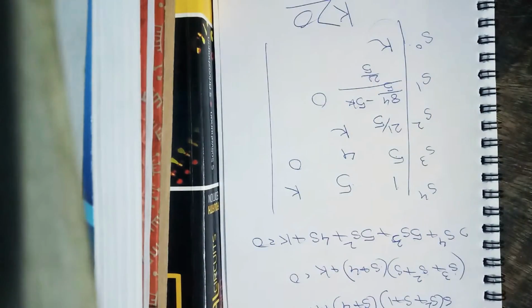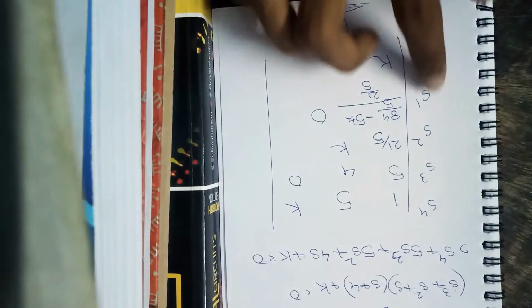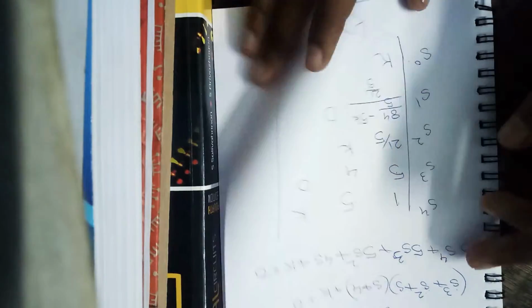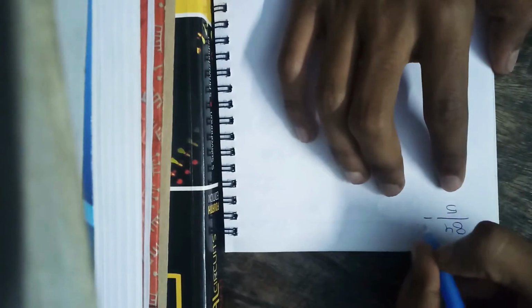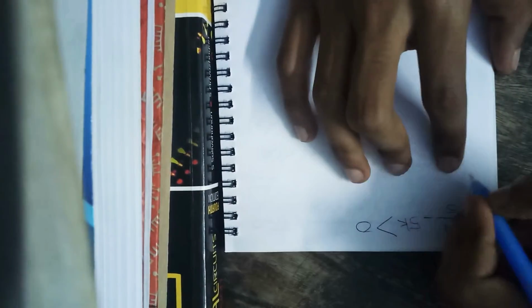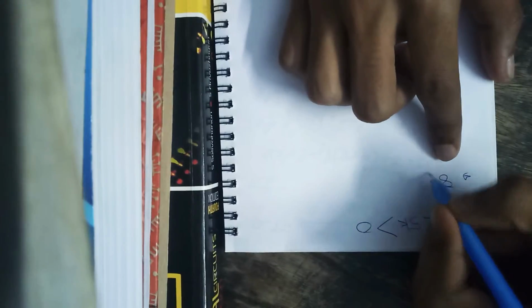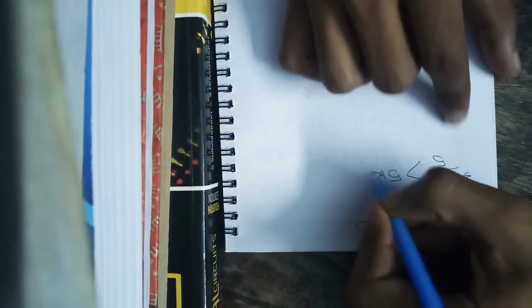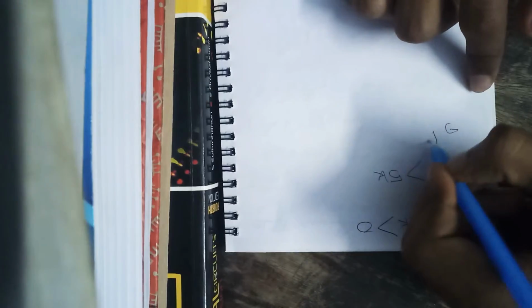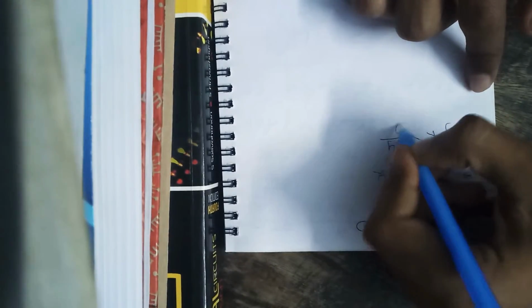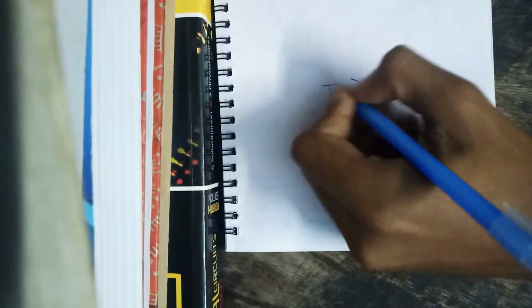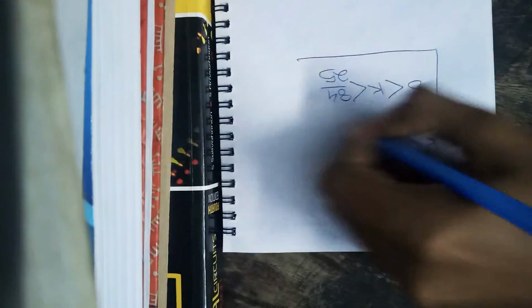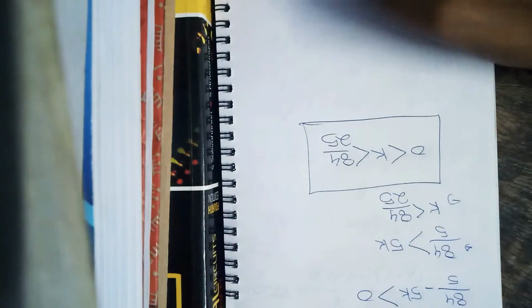The next criterion is that this whole thing should be greater than 0, that is 84 by 5 minus 5K should be greater than 0, or 84 by 5 should be greater than 5K, or K should be less than 84 by 25. So we find that the stability criterion is 0 less than K less than 84 by 25. So this is one question.